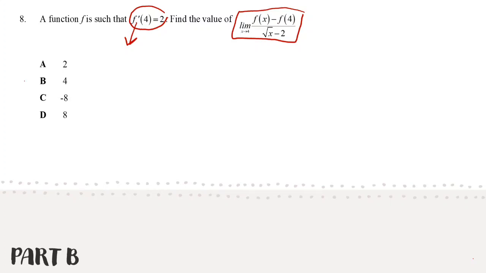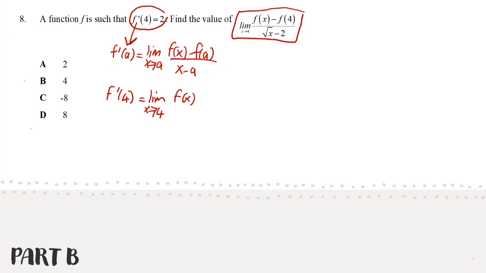So the formula is f prime a is equal to the limit as x tends to a, f(x) minus f(a) over x minus a. So in this question, point a is equal to 4. We have f prime 4, equal to the limit when x tends to 4, f(x) minus f(4) over x minus 4 is equal to 2.